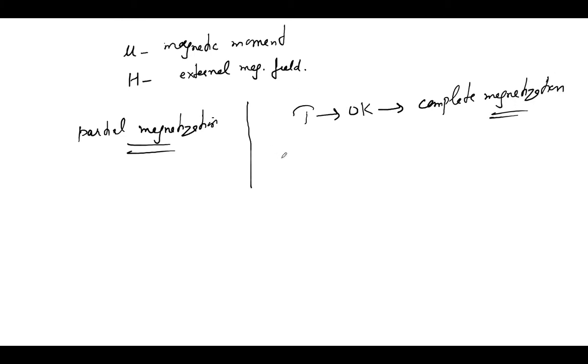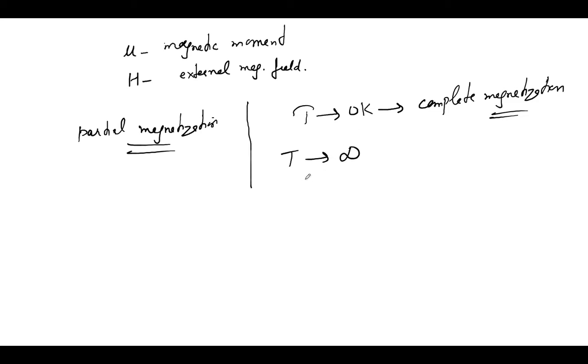Now as we increase the temperature and the temperature approaches infinity, in this state we approach a state of complete randomization of these dipole moments. So why this randomization?